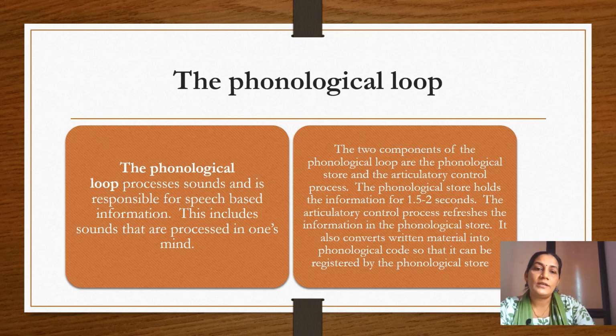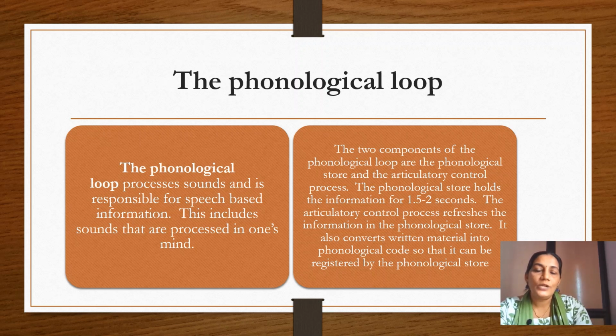Refreshment of the phonological store happens through processing in the articulatory control process. The articulatory control process also converts written material into phonological code, so that it can be registered in the phonological store. So the phonological store processes only speech-based information. It can also process written material if it is converted by the articulatory control process.